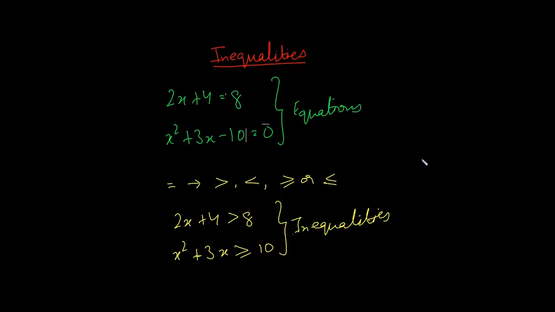Now, inequalities is an important topic because here students make some silly mistakes. So now let's look at a few rules about inequality equations. The first rule is, for example, if we have an equation which says 2x plus 4 equals 8, we can move the constants around without changing the inequality sign, but by changing the sign of the constant.